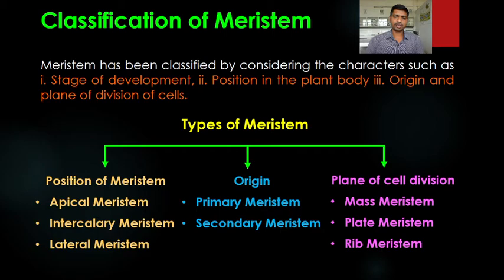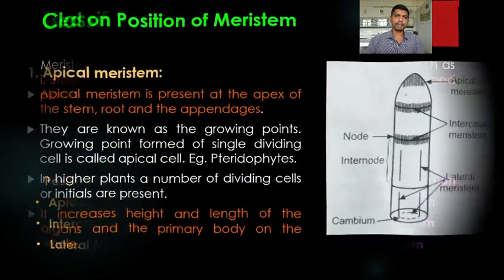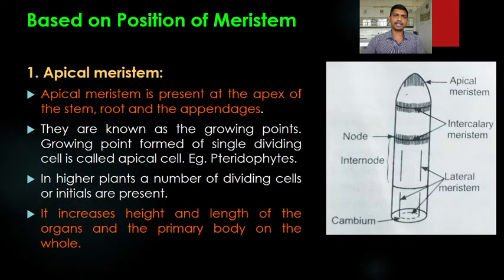So the first one, according to the position of meristem, there are three types: apical meristem, intercalary meristem and lateral meristem. The first type is apical meristem. This apical meristem is present at the apex of the stem, root and the appendages.